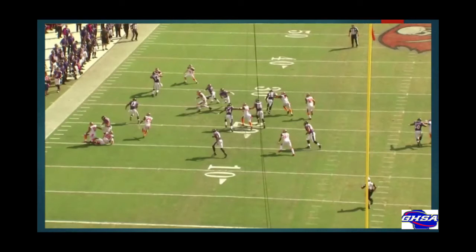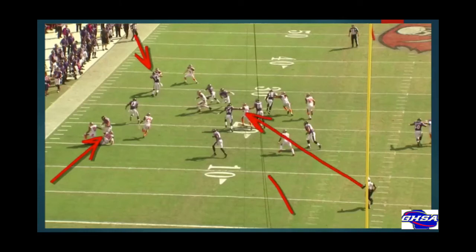Odds are we're going to have a block in the back to spring our runner for additional yards. If we're not moving, we're looking in the zones that we need to look towards, then one or two of us should be in a position to see this and make this call.